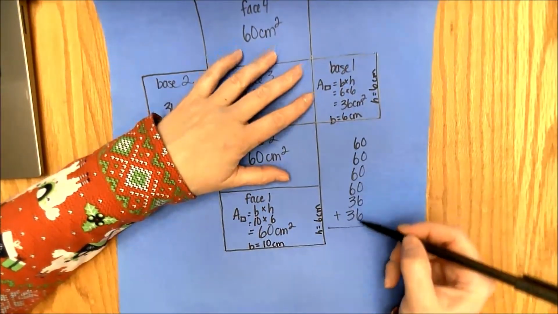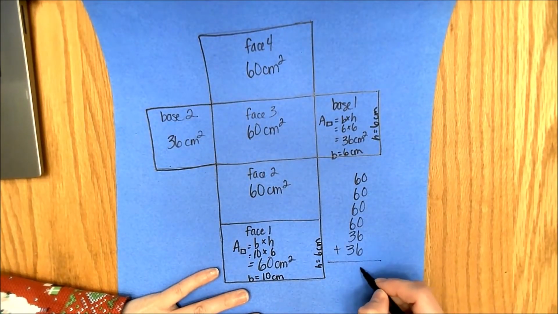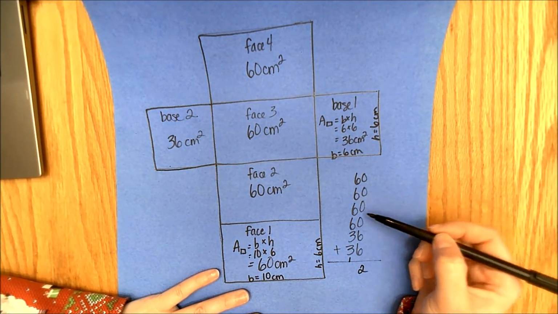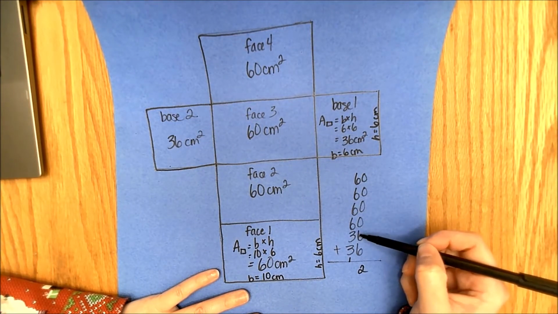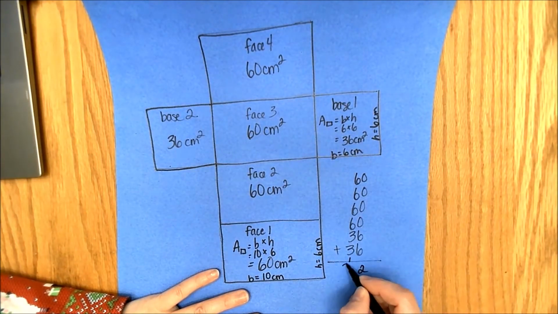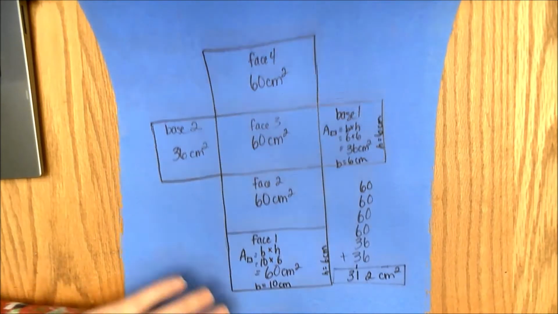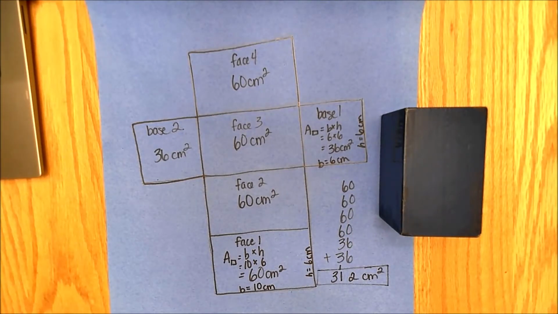Now when we add up all of these numbers, it'll give us our whole surface area. 6 plus 6, 12. 12, 18, 24, 25, 26, 27, 28, 29, 30, 31. 312 centimeters squared is the total surface area of this solid. Is that pretty neat? Yeah.